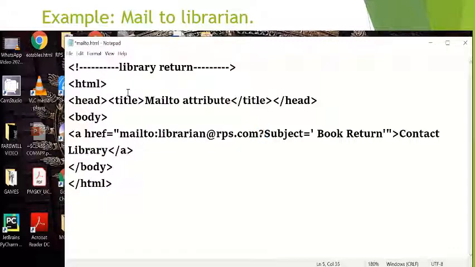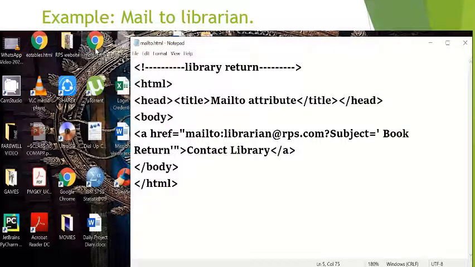After the question mark we write subject equals, and in single quotes we write the subject, then finish it with the double quotes and close it with the angular bracket. Then this contact library will be visible to the user, and finally we close it with the closing tag of the anchor. Only this much is required. Then we save the HTML document, and this is the program.